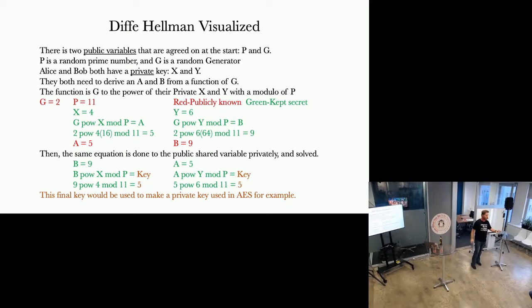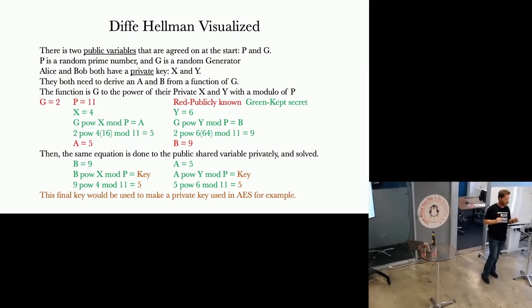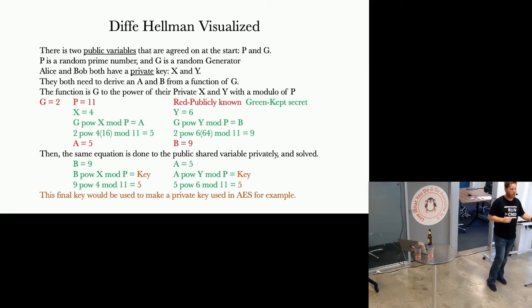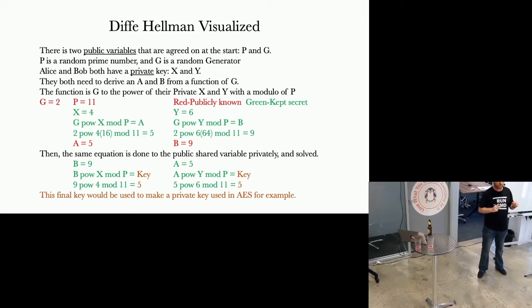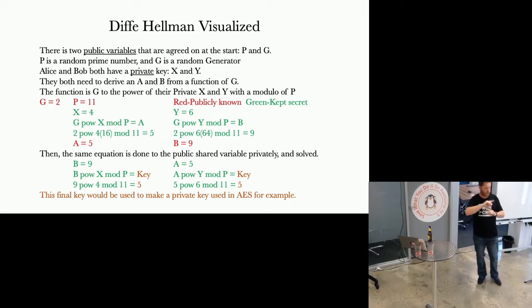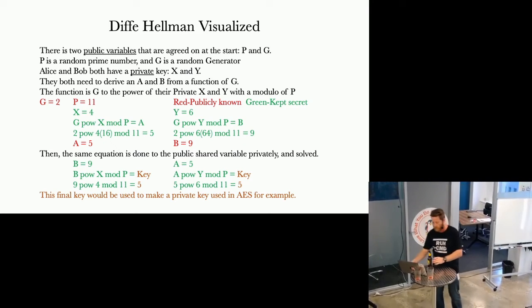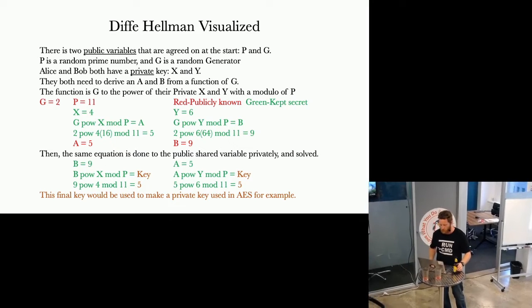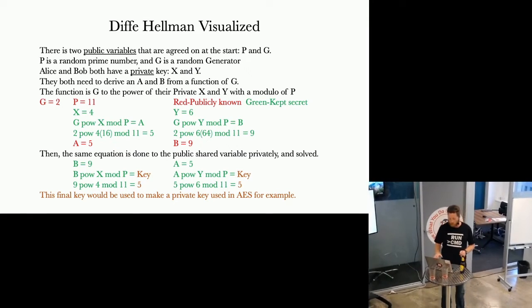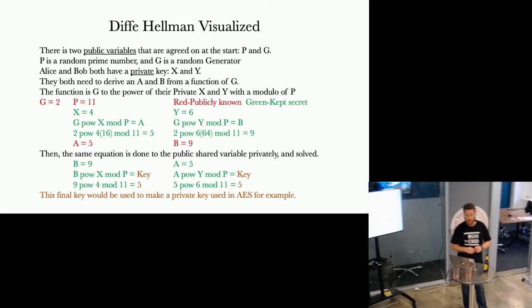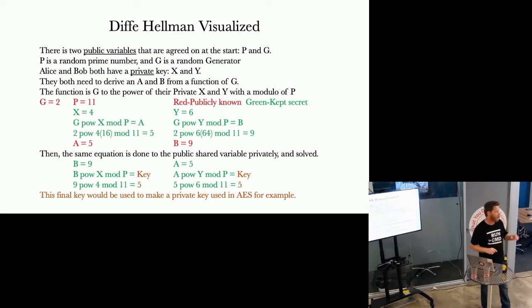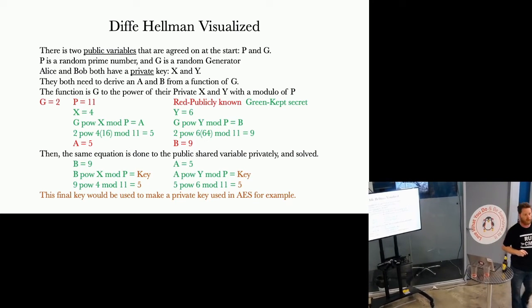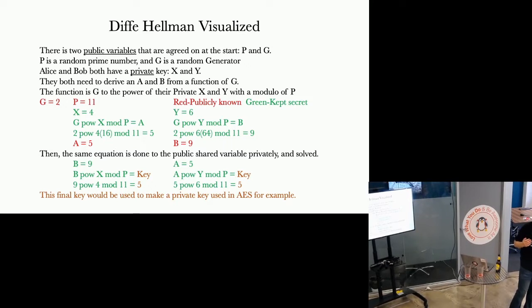And then this value here becomes the key used in the symmetrical encryption. So when you have symmetrical encryption set up, the key that you generated here is the one that you use to pass your secrets across. That's the key that services like, for example, the AES encryption scheme use.